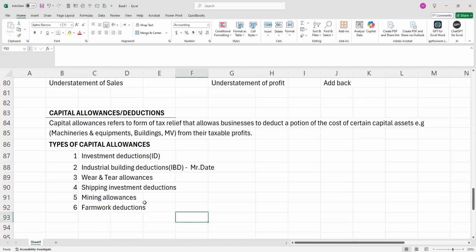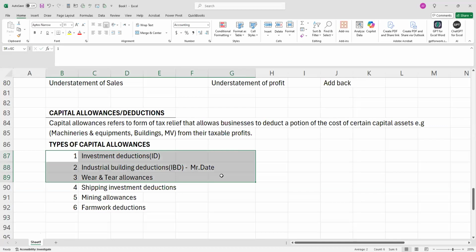So these are the types of capital allowance, but the major ones, which you're going to concentrate on, are the first three: investment deductions, IBD, and wear and tear allowance.